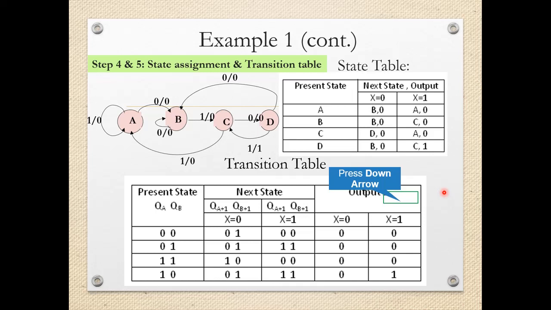The reason is this table is to be used for preparing the K-map and then finally to obtain the logical expressions. As these entries are to be done in the K-map, generally in a K-map we follow the Gray code, where the change in successive columns or rows is only 1 bit. Like here, the transition from state 00 to 01 changes only one bit.